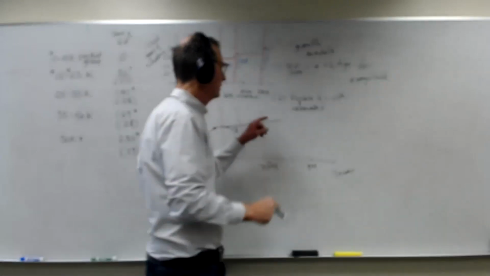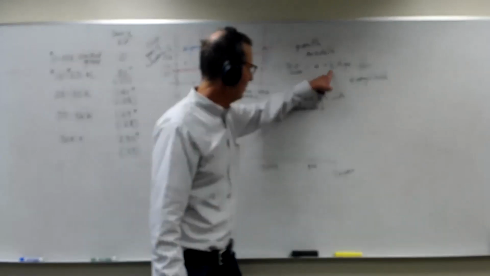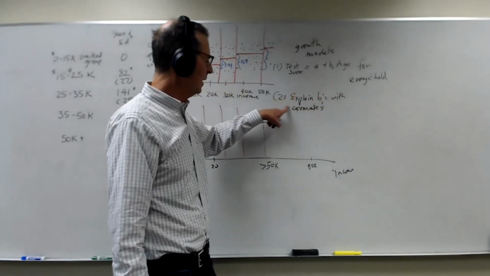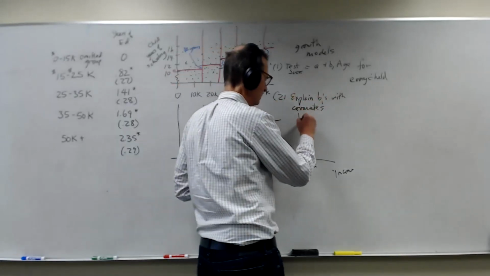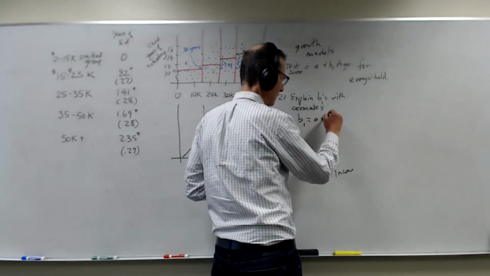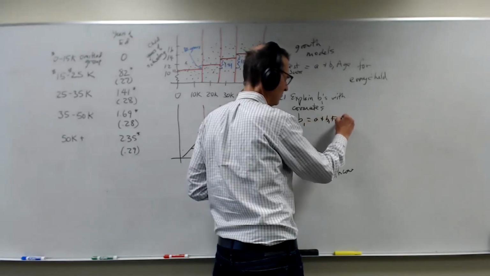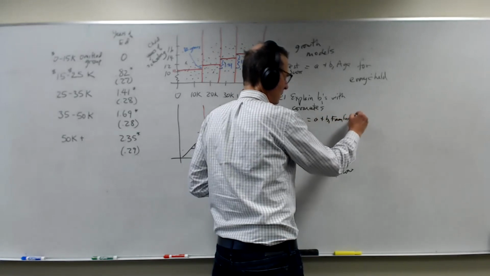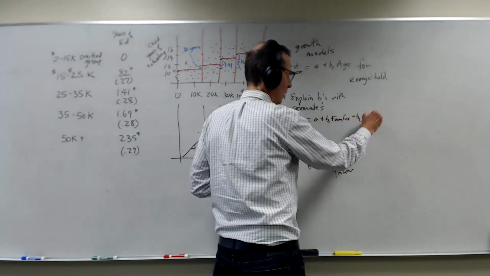And then you take what you get as an estimate of B and then plug it into an equation. B1 is a function of family income, region, and so forth.